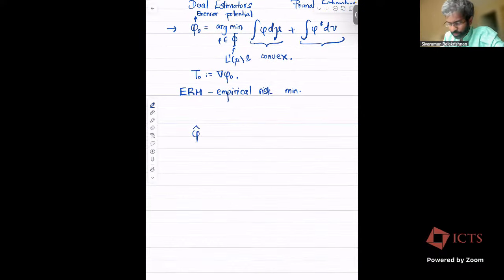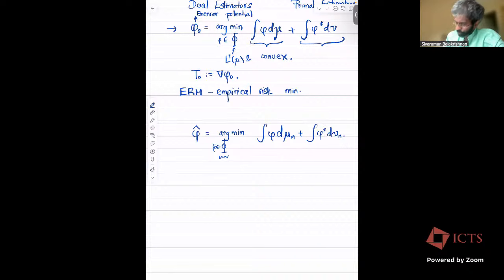So you can say, I'm going to define my estimator by saying minimize over phi in some function class of the integral of phi d mu n, where I'm just going to take the average, plus the integral of phi star d nu n, where mu n is the empirical measure, and nu n is also an empirical measure.